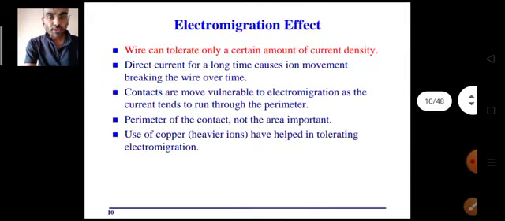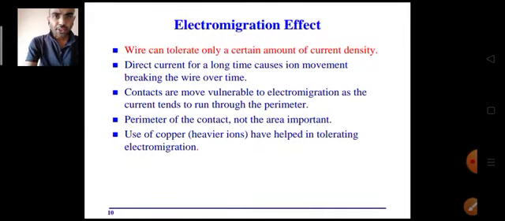So what is electron migration? Electron migration is basically, when a very high amount of current passes through these wires, then what will happen? The regions at which there is imperfect or improper formation of the metal, from those places the electrons start migrating. They start leaving this particular wire.